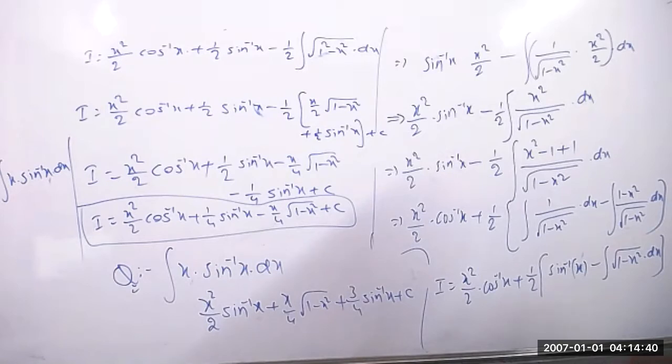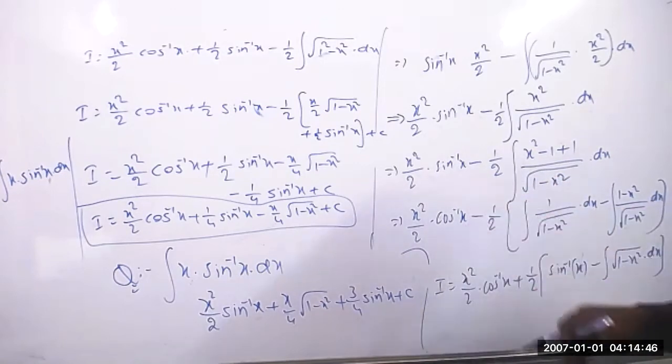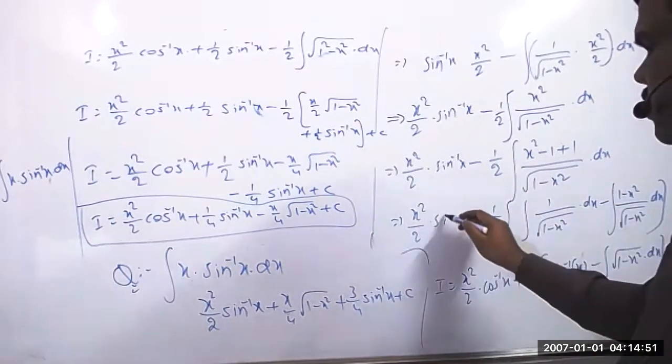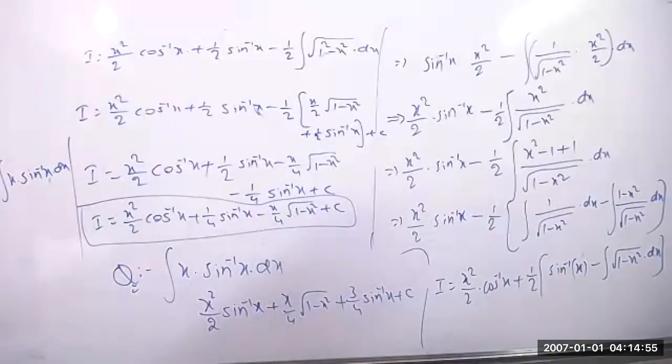Adding and subtracting. Sir, so this is minus. I'm not getting 3 by 4 sin inverse x, sir. Even me, sir, I'm not getting it, only minus sin inverse x by 4. Okay, I will check it. Okay, minus 1 by 2 into the same.